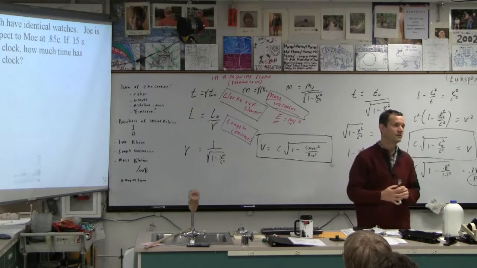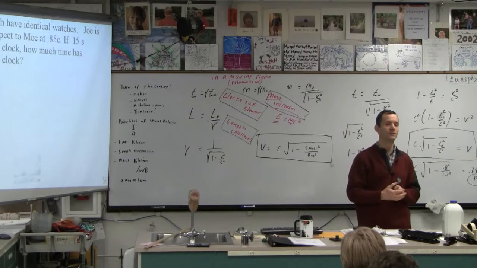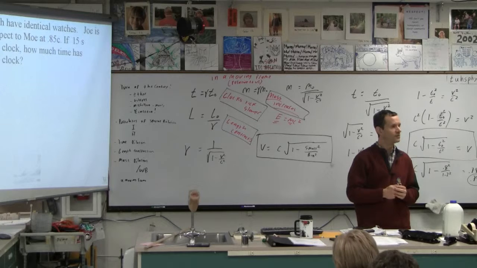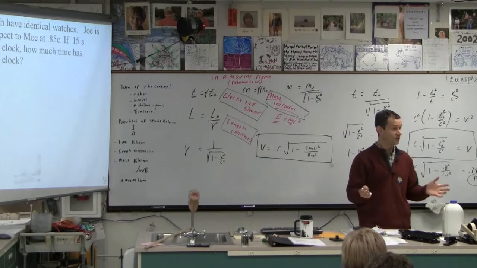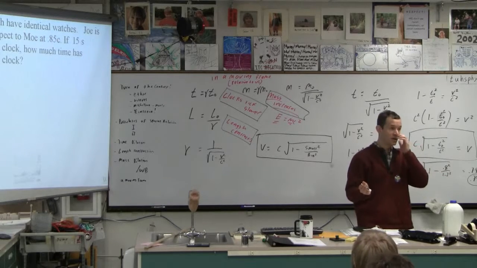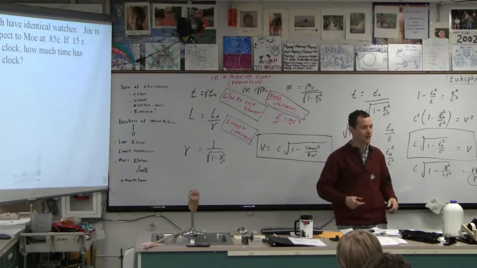Now, if you don't know whether to multiply or divide by that factor, do both. Pick the answer that gives you less time. Do we all understand why it's less time? Yes. The clock is ticking slower. So when you're talking about elapsed time, it turns everything on its head.